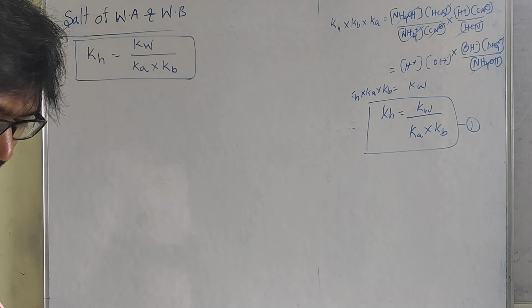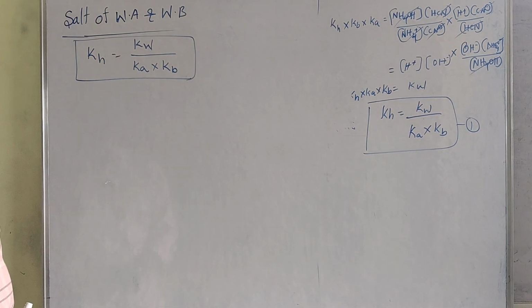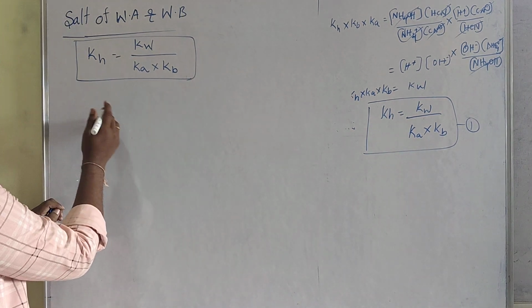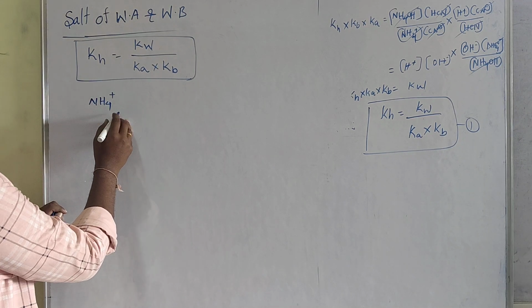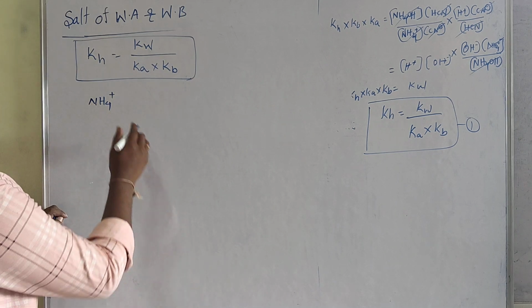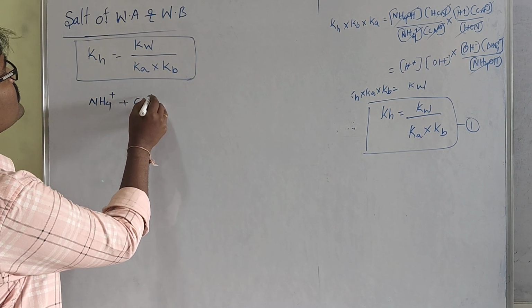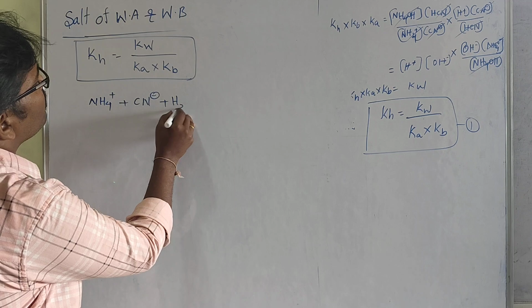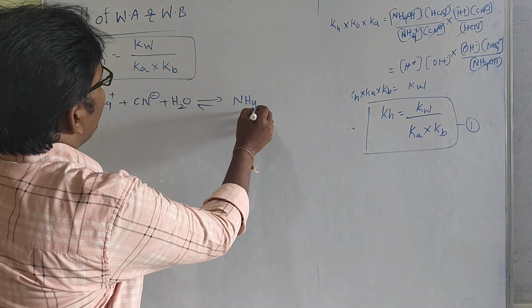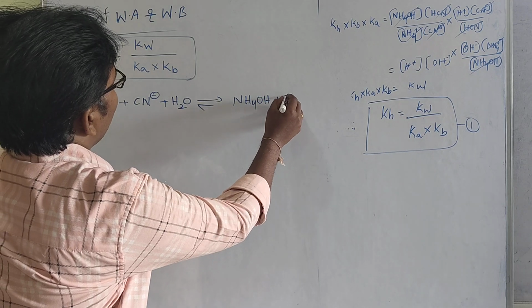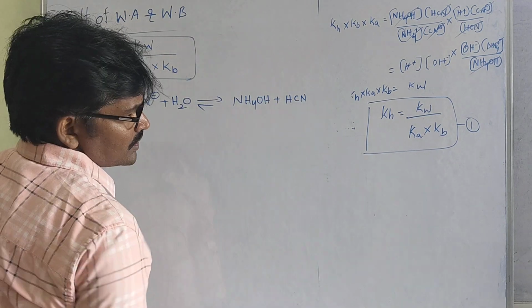Now the same hydrolysis we take: NH4 plus, CN minus, H2O, going to hydrolyze like this to give NH4OH plus HCN. Clear, my dear students? Right.